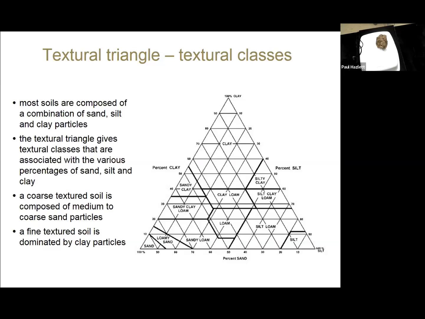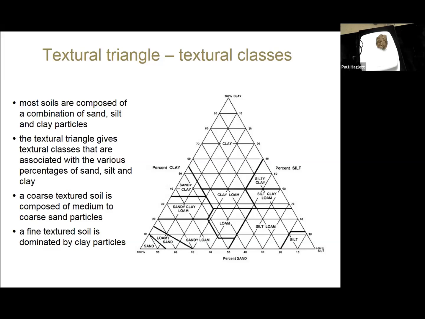The percent silt lines run from the upper right to the lower left, and you can see from the top of the triangle to the bottom right-hand corner, those go from 0% to 100% silt. And then across the bottom axis, the percent sand, we go from 0% sand to 100% sand. Again, the lines you follow are those running diagonally across the triangle from the lower right to the upper left.